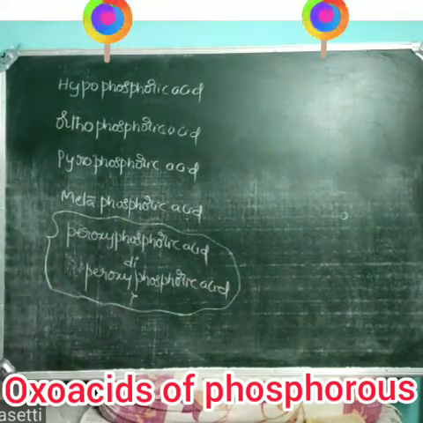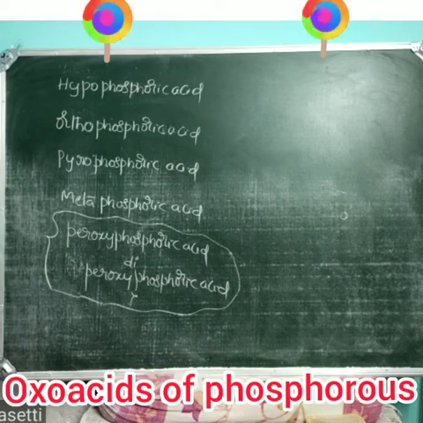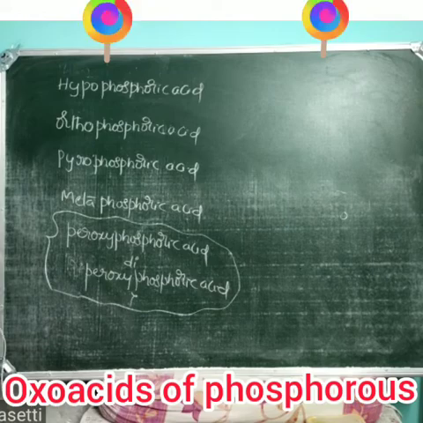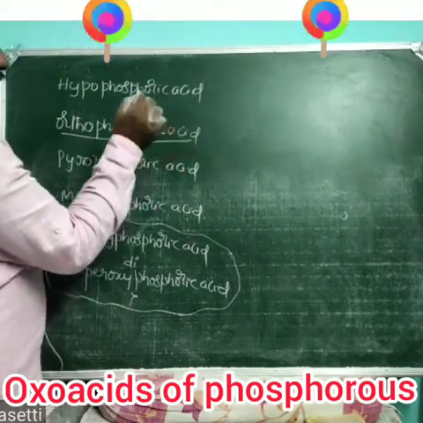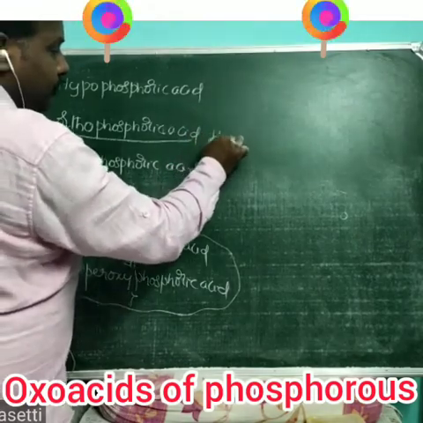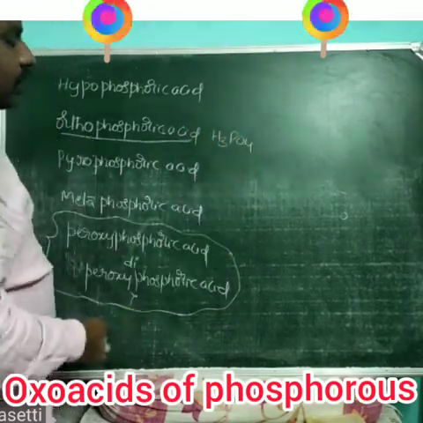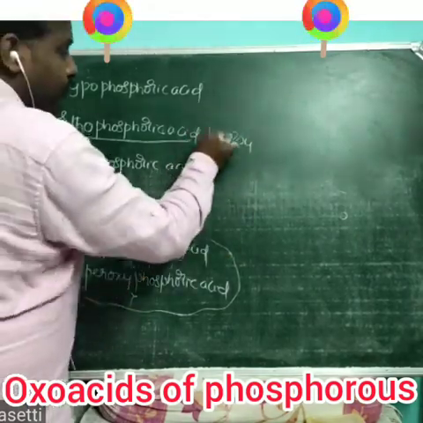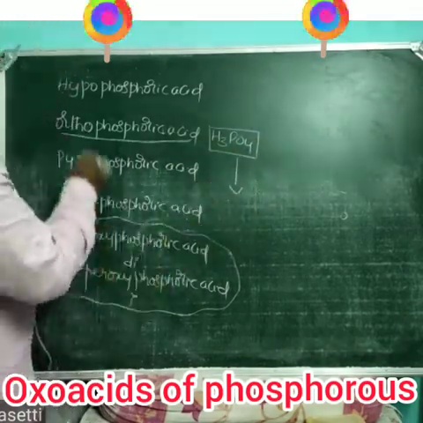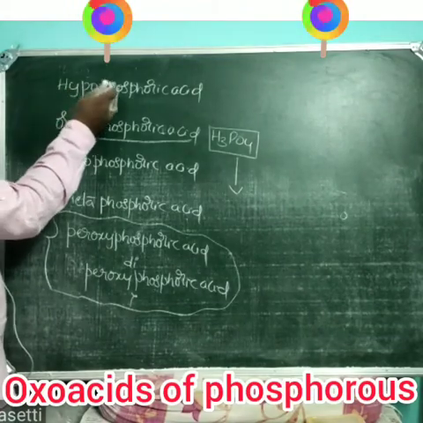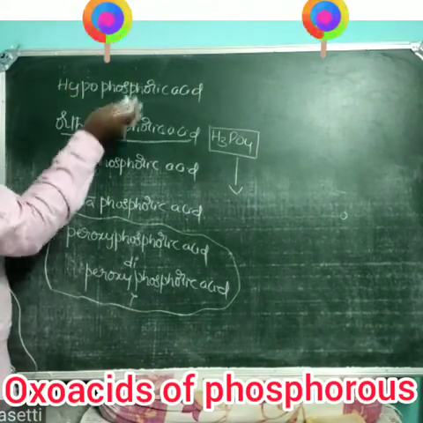Now, how to remember formulas for this ortho, hypo, pyro and meta? Again, we will go to the trick. First, the parent ic acid is H3PO4. From this H3PO4, how we got hypophosphorous acid, just removing one oxygen.